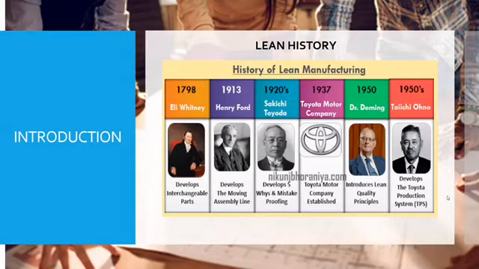In the 1920s, Sakichi Toyoda developed 5 Why and mistake proofing. In 1937, the Toyota Motor Company was established. In 1950, Dr. Deming introduced the Lean quality principle, and in the 1950s, the Toyota Production System, or the TPS, was developed by Taiichi Ohno.